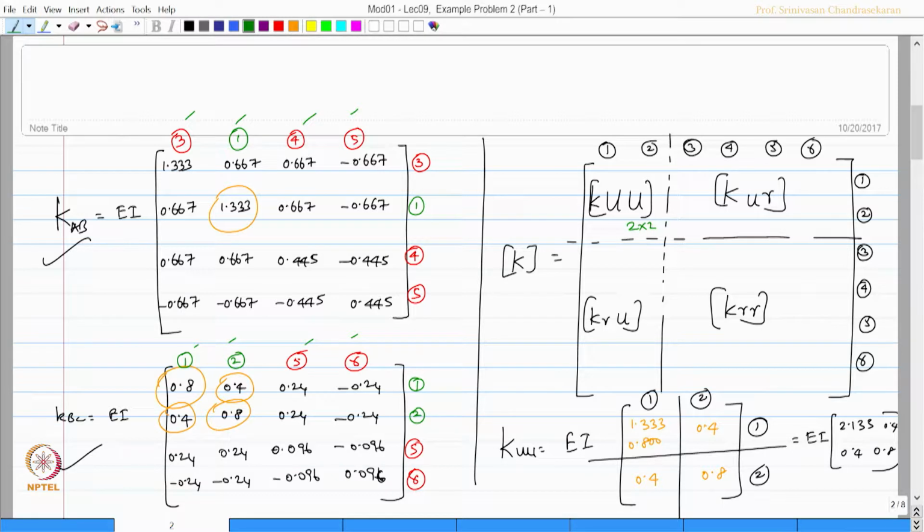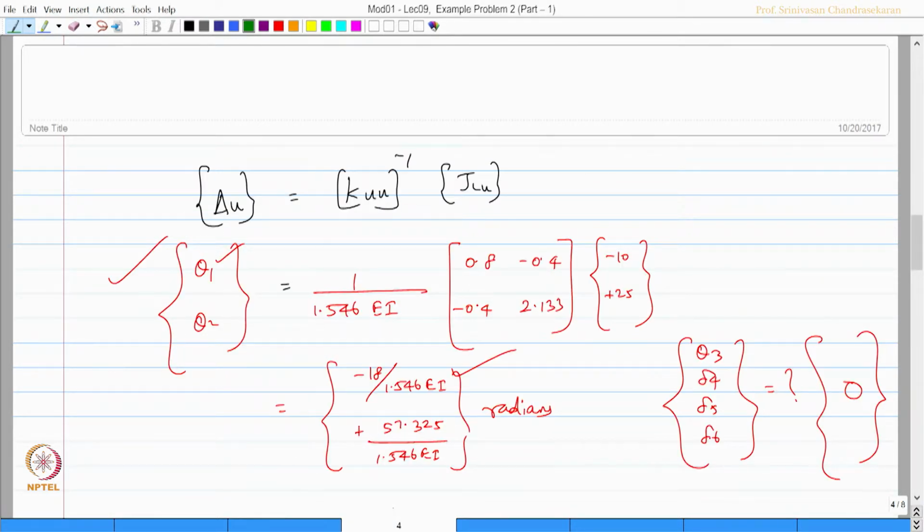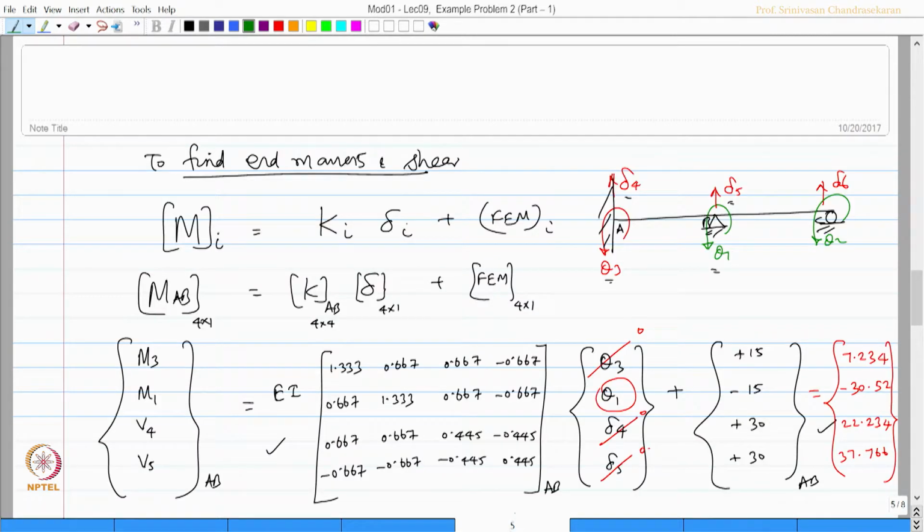We picked up KUU, found KUU inverse, applied the joint loads, computed the joint load vector, and partitioned the matrix for unrestrained and restrained, and the unrestrained vector was picked up. Then we solved this for delta U, and found the end moments and shears in both the spans AB and BC.